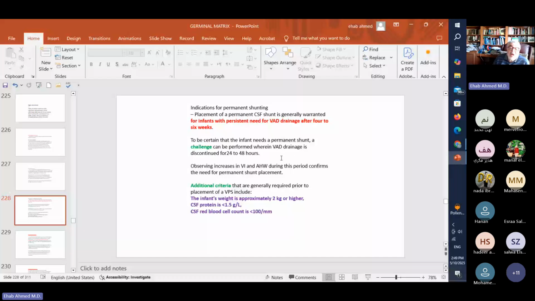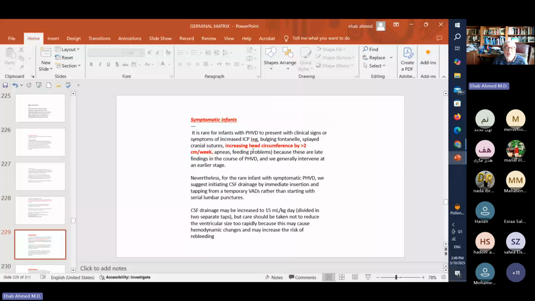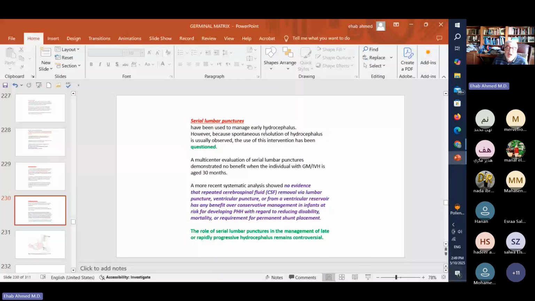If the babies are symptomatic, as I said, with increase in head circumference of more than 2 centimeters every week, this is extremely important. And using the indices we talked about, we might do serial lumbar punctures. Some people do it, others do not like it. Some people think it's useless. Others like to wait and see, because 40% might resolve.